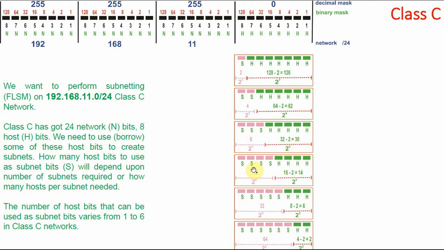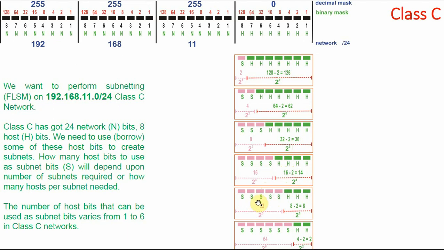Same way, if we use 4 bits, how many subnets are possible? 2 power 4, 16 subnets. And how many bits remain? Again 4 bits. 2 power 4, 16 hosts, minus 2, exactly 14 hosts per subnet are possible.